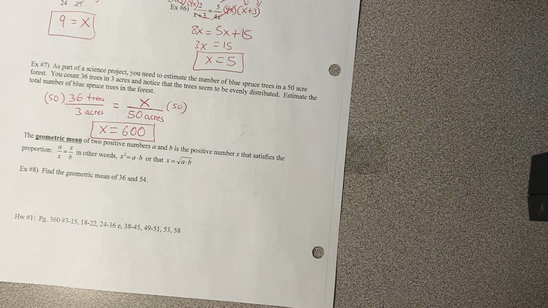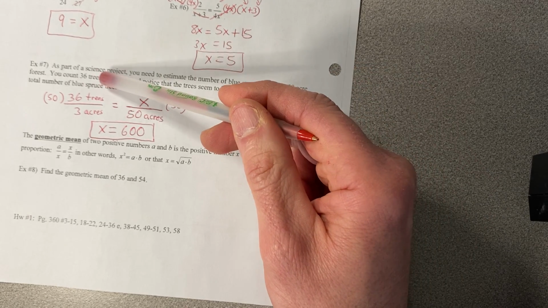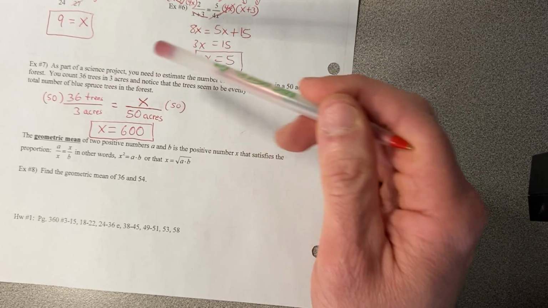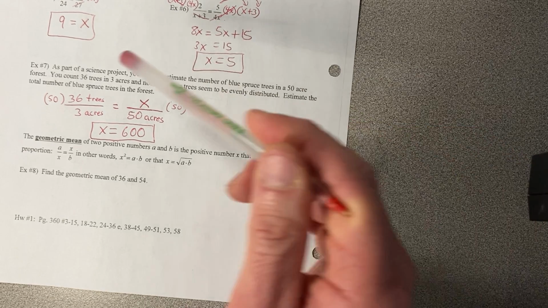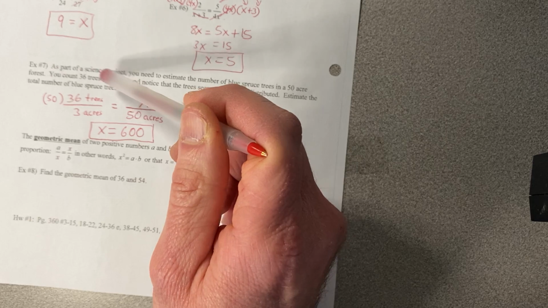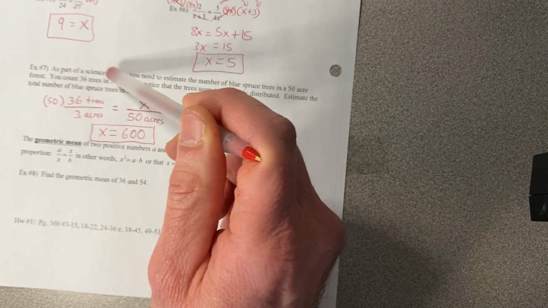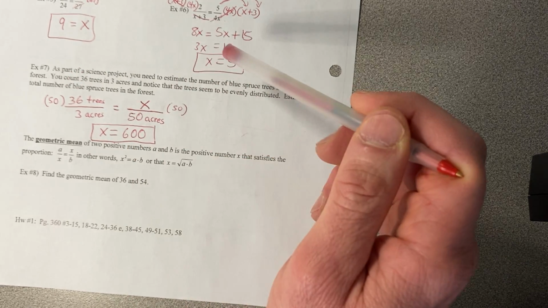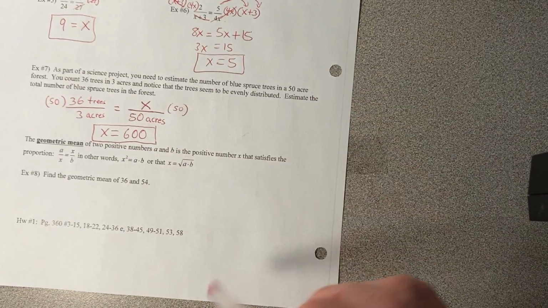What's also interesting is I could have set it up like this. I could have said 3 acres over 50 acres, and then, since I did the 3 acres that was connected to the 36 first, I'd have to do 36 over x. That's another way you can set it up. You can set them up a lot of different ways.